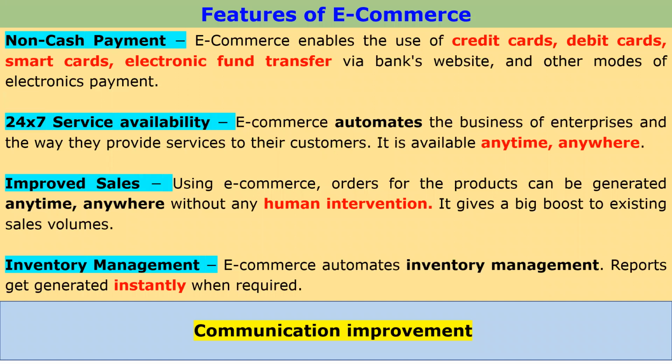If you are purchasing something through the e-commerce website, then you will get better after sales service than when you are doing a transaction in the traditional way. That's the meaning of that. It shows a highly improved communication system under e-commerce transactions. Right. Write down this last point also.